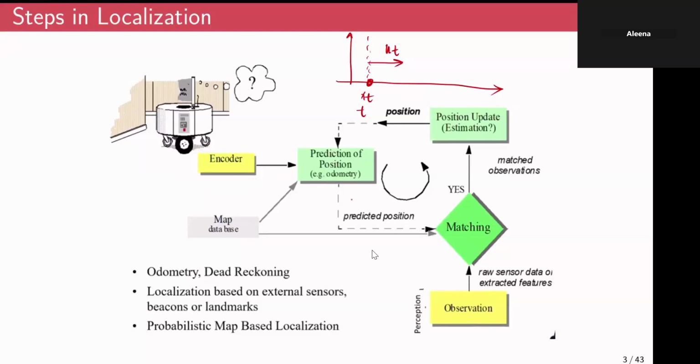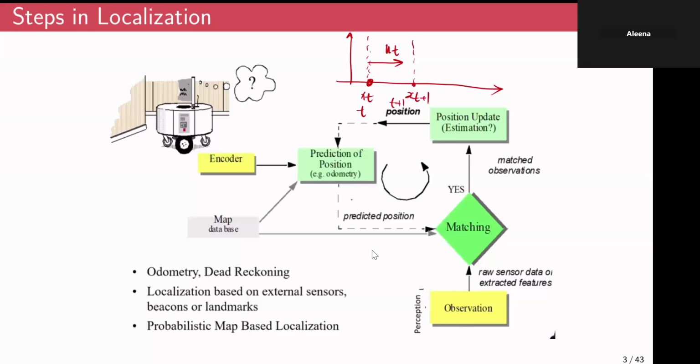Based on the current position and the encoder signal, the robot would predict where its next position should be. With a compromised accuracy, the robot would predict that somewhere around here is its new position at time t plus one.